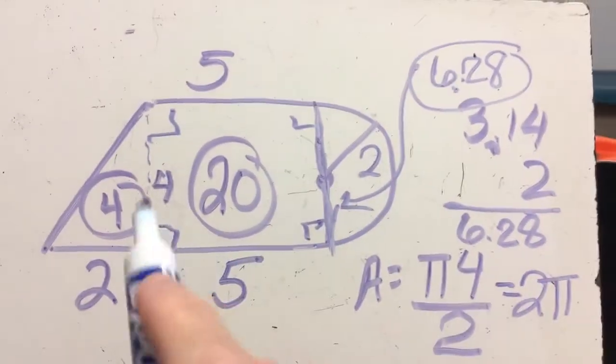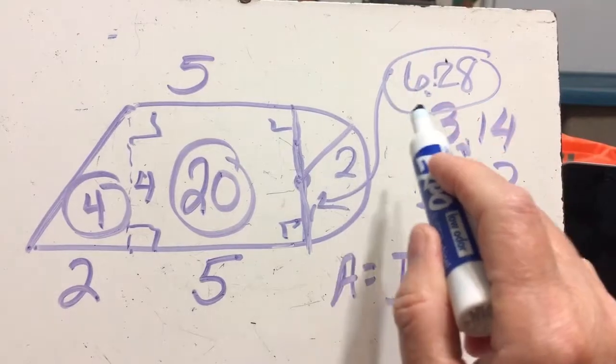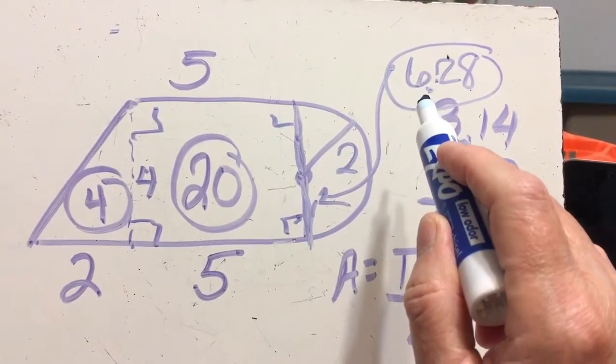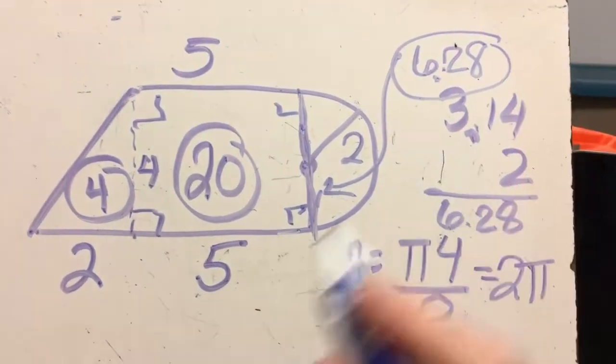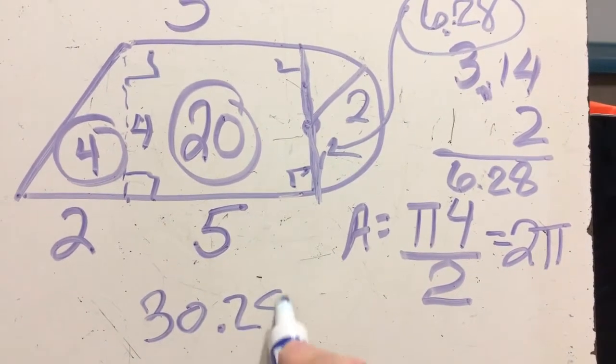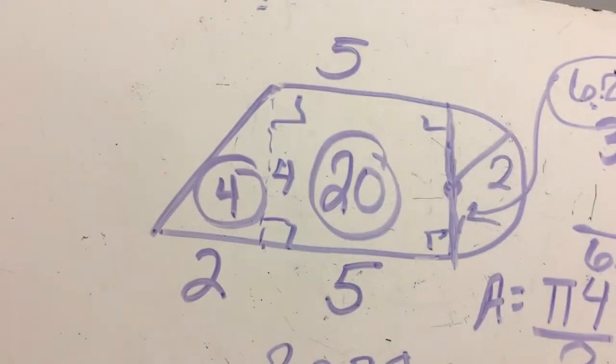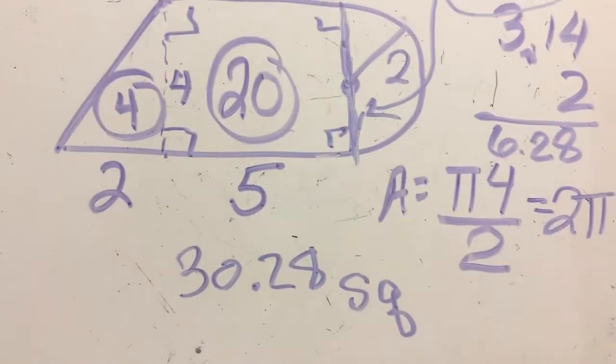Now 20 plus 4 is 24, plus the whole number 6, is going to be 30.28. Now let's look at what our units were, and our units were in inches.